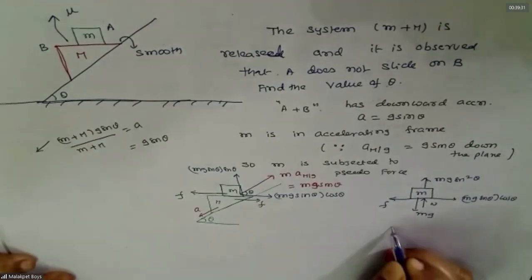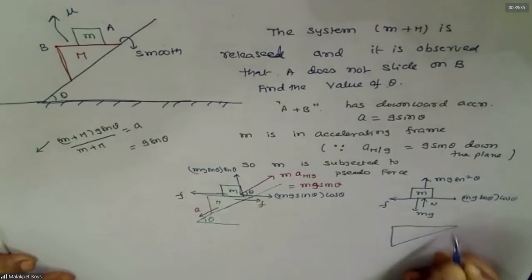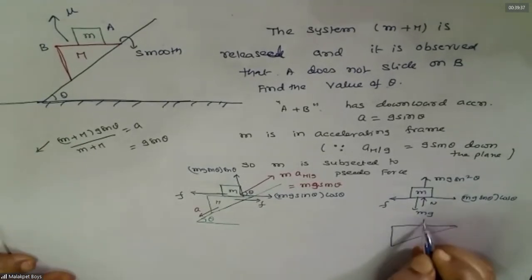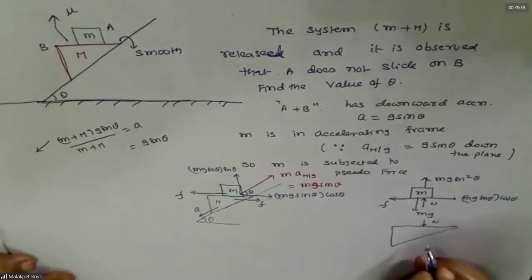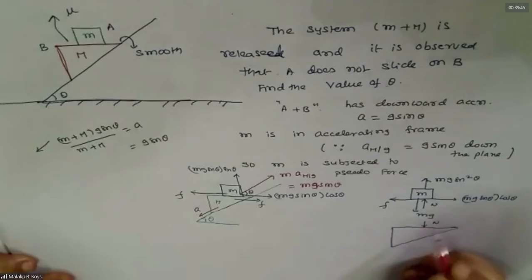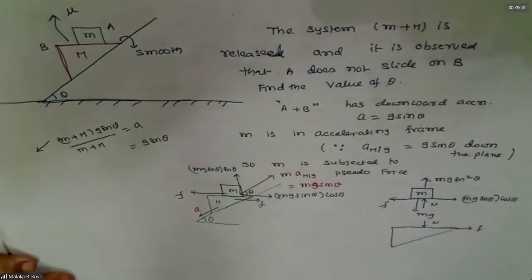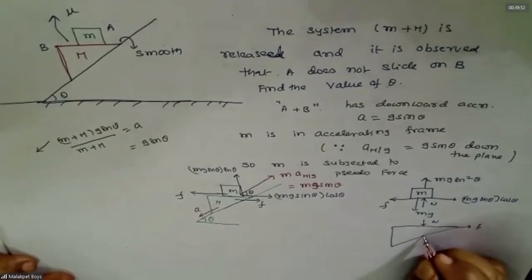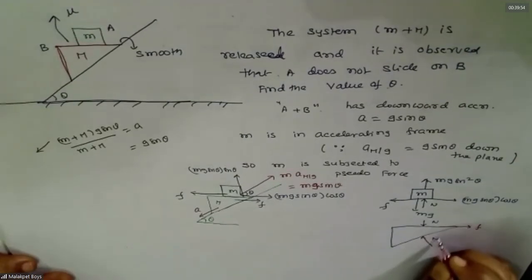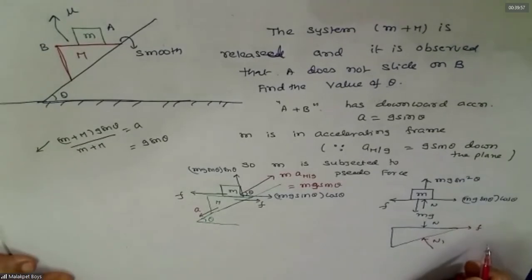Now come back to this. N is equal to mg cos square theta. This is normal reaction. And apart from that, there is a force of friction on this. Then there is a normal reaction between this and the inclined plane, because there is another plane here.